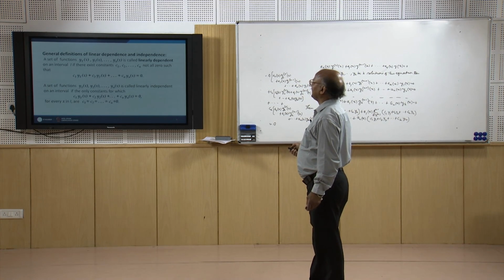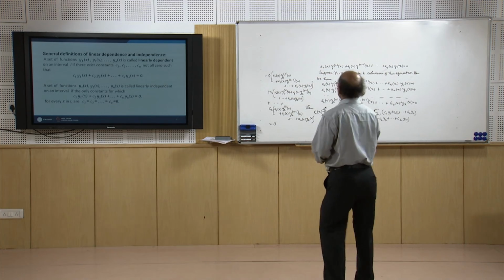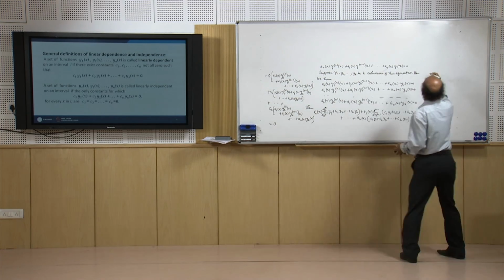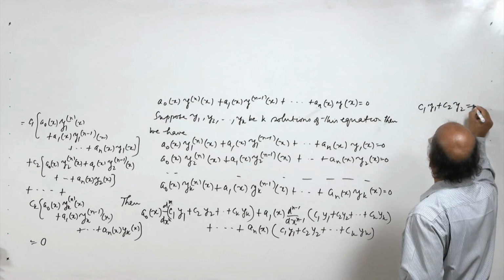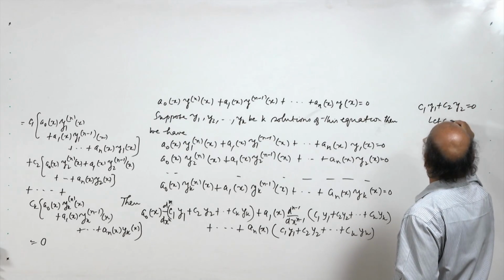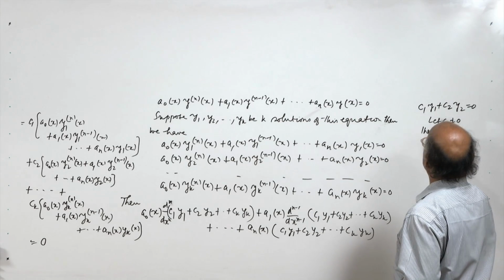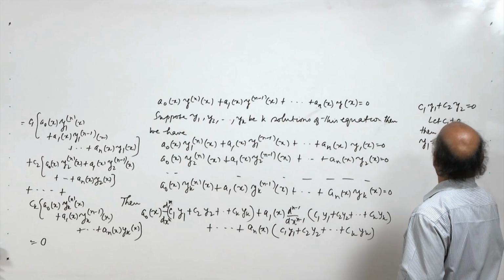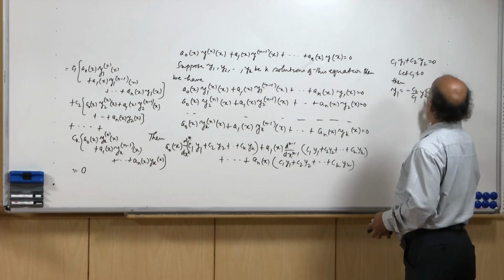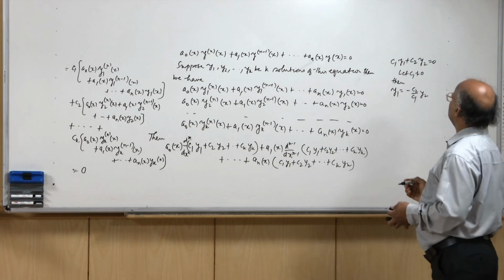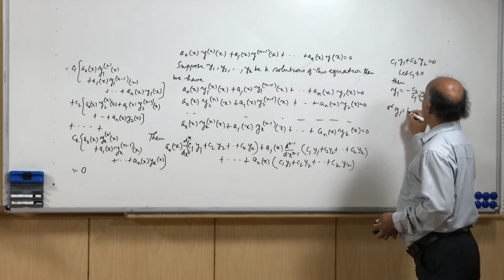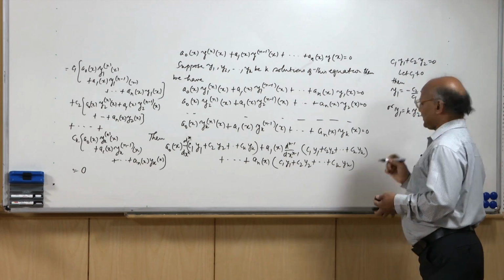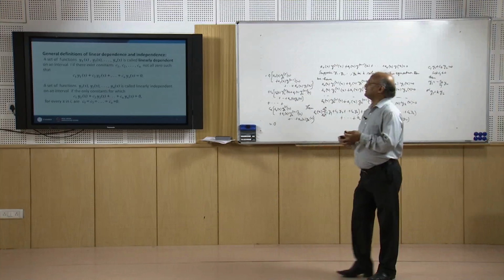Suppose c1 is non-zero, then we can divide by c1 and write φ1 equal to minus c2 by c1 into φ2. Minus c2 by c1 is a constant, so we can write φ1 equal to some constant k times φ2, which means that φ1 is a scalar multiple of φ2.